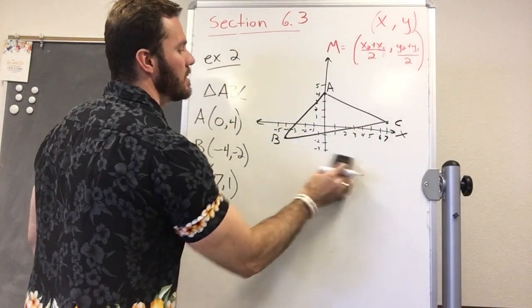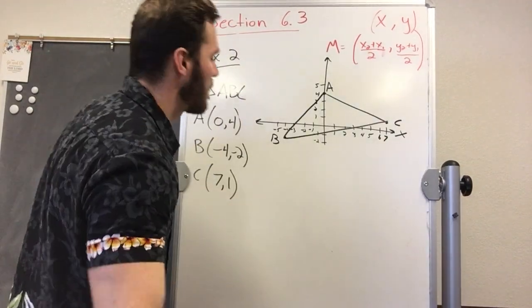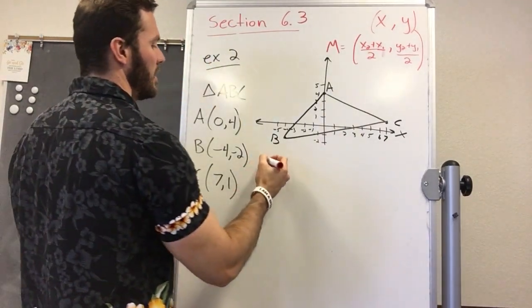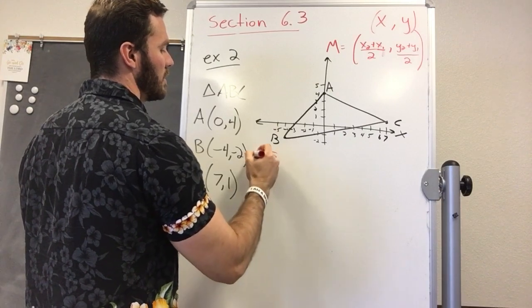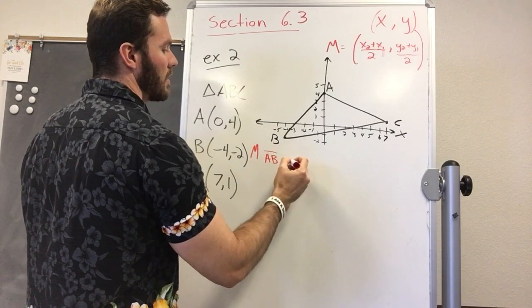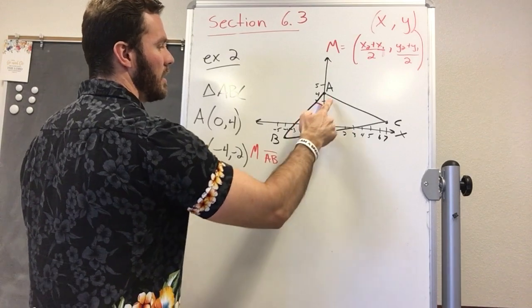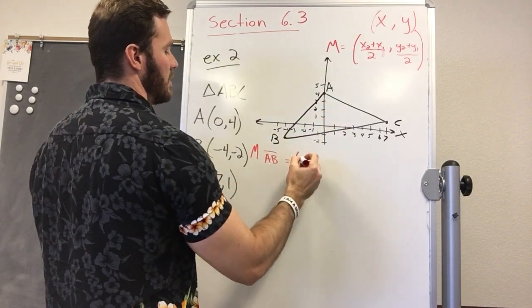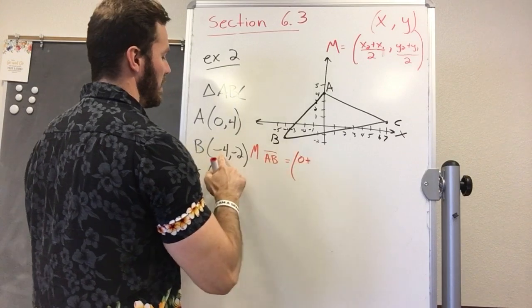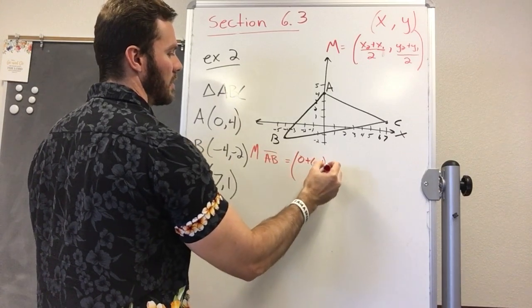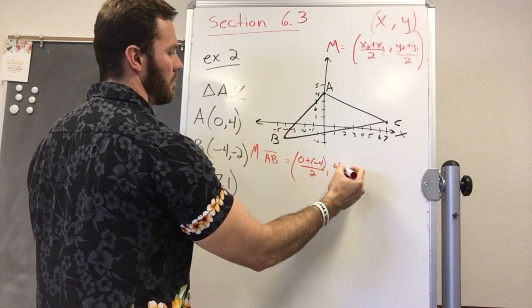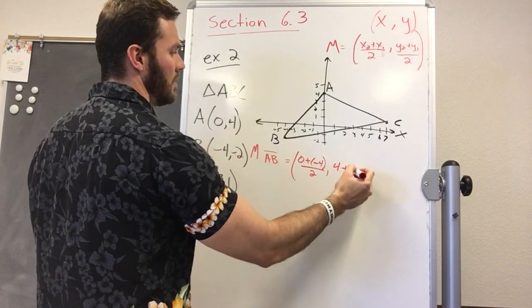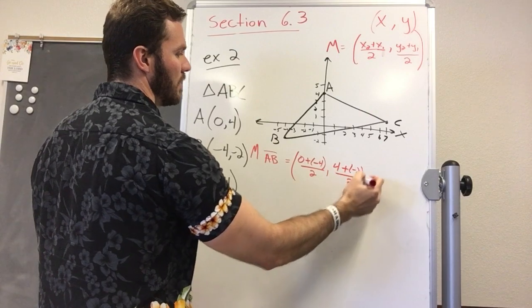Let's find the midpoint for AB first. So we've got (0 plus -4) over 2, (4 plus -2) over 2.